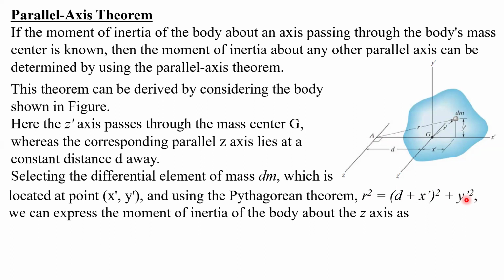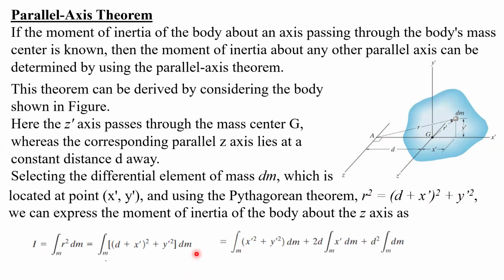We can express the moment of inertia of the body about the z axis as I is equal to integral r squared dm, which we already know. Then our r squared now is d plus x prime squared plus y prime squared.